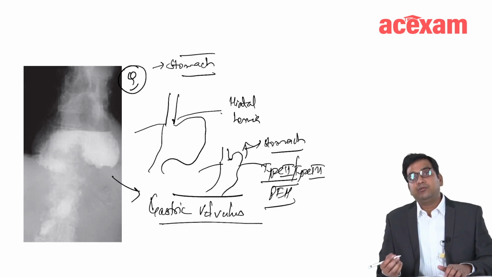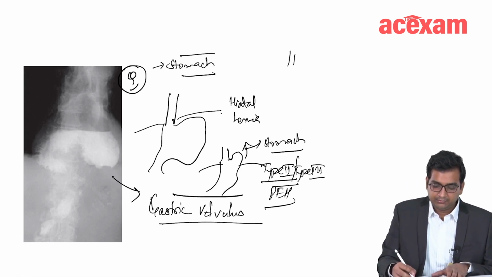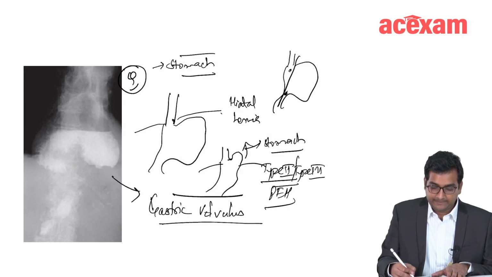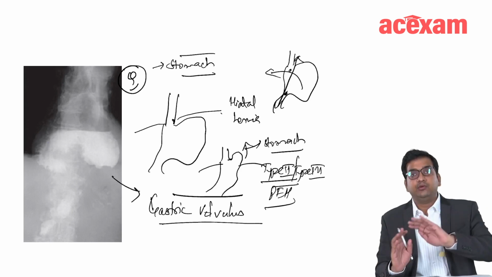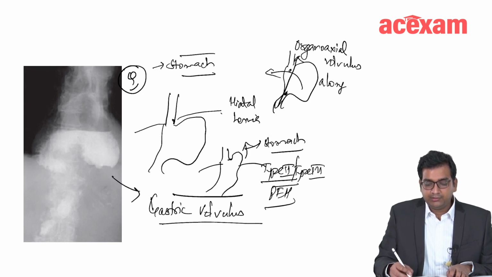So this gastric volvulus, what kind of gastric volvulus is this? You can see here the stomach is rotated like this. So this is organoaxial volvulus, along the longitudinal axis of the stomach.